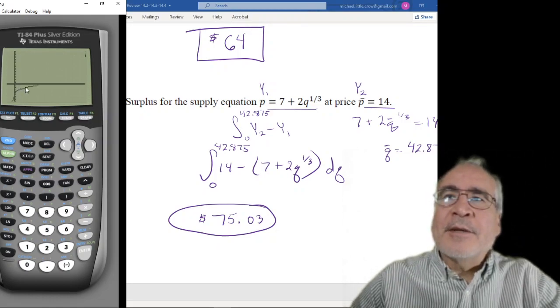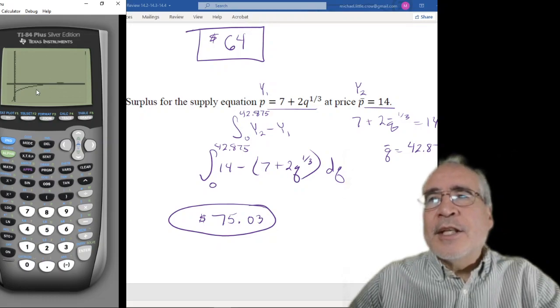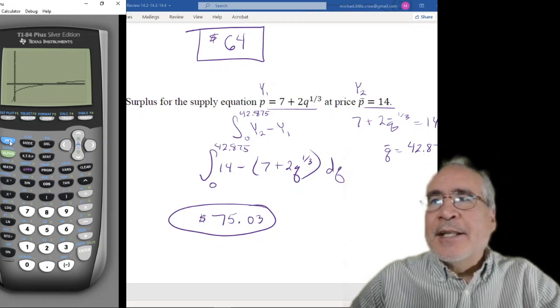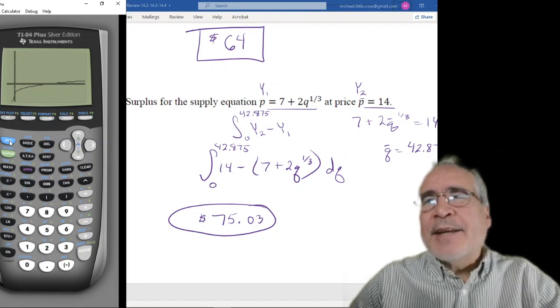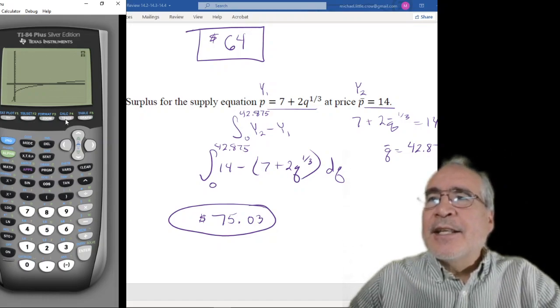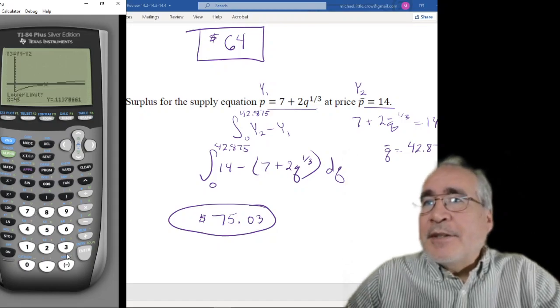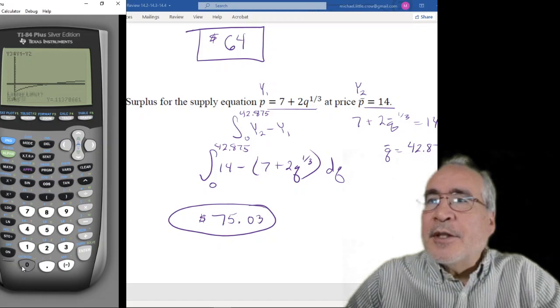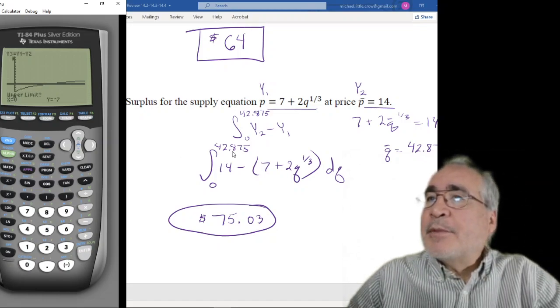I've got the same area, but it's underneath. It's going to give me a negative value. I'll still do the same thing, right? But hopefully you see, oh, wait, I've got the wrong way. It's underneath. But I'll show you, even if you go ahead and say, I don't have much time left, so let me put the lower limit of 0, the upper limit of 42.875.